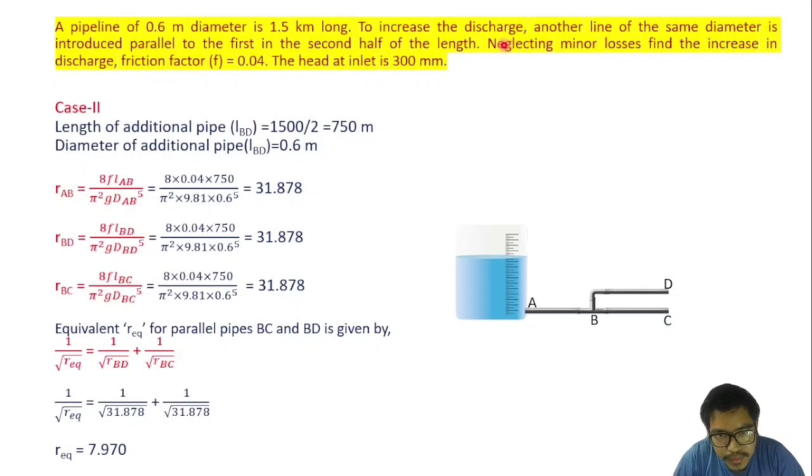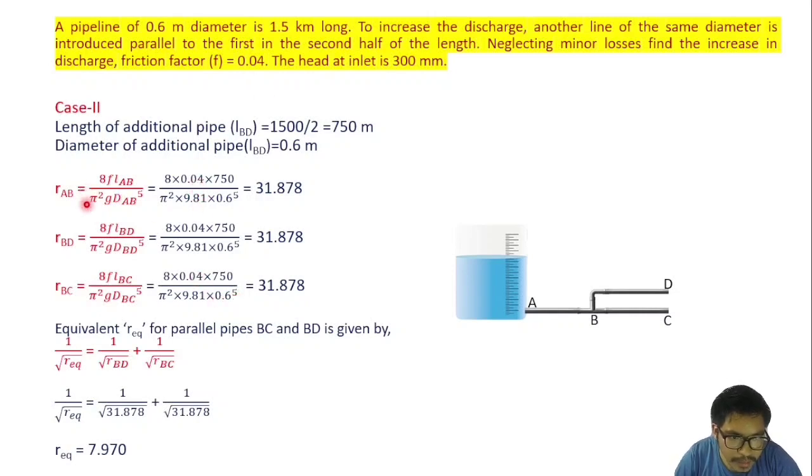It says second half, so one half is 750 and the other half is 750. So the length is 750 in all cases, and the diameter of this pipe is 0.6, and the other pipe diameter is also 0.6, so 0.6 in all cases, and the friction factor is 0.04 in all cases.